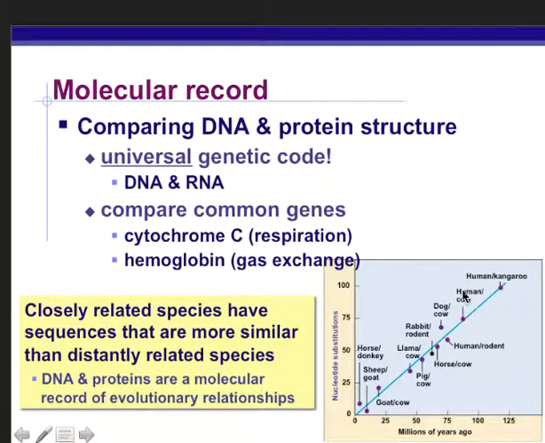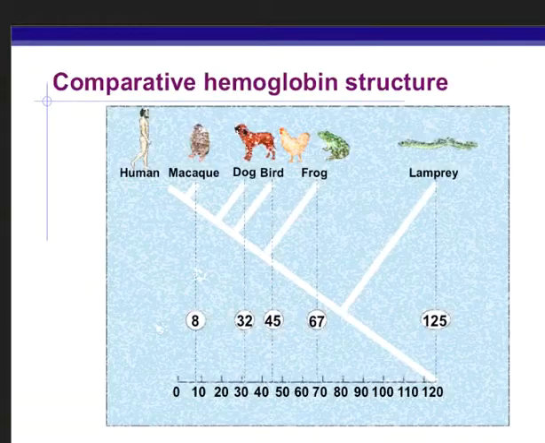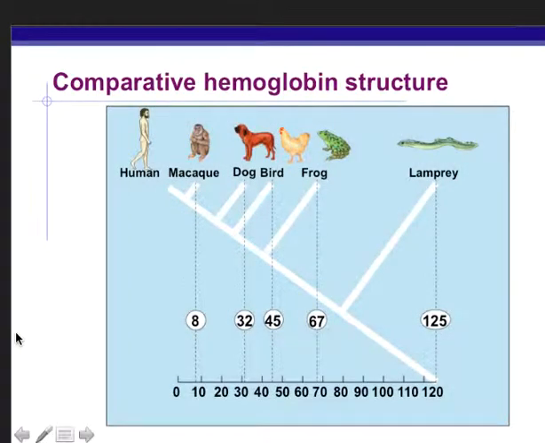So human and cow have about the same number of base pair substitutions. There's dog and cow. These are comparisons, going back through DNA and proteins, the molecular record of all the relationships. And so that's kind of the story on that.